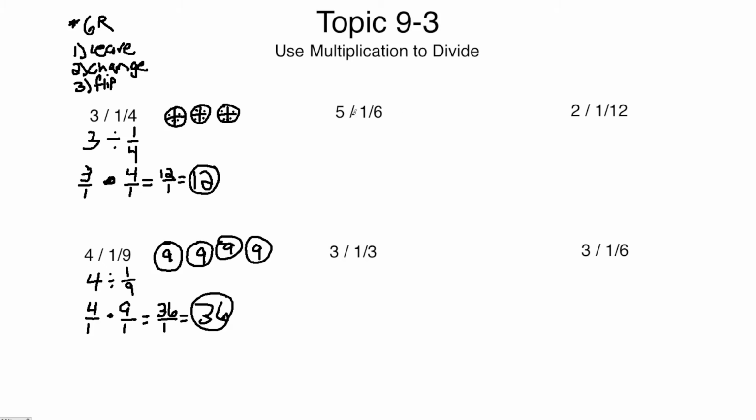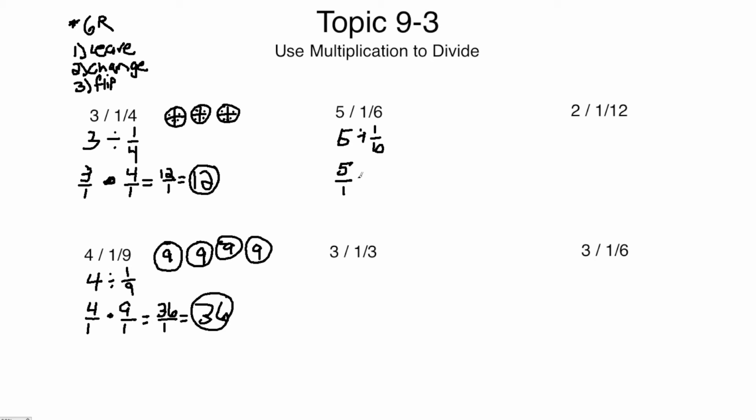All right, let's try this. 5 divided by 1/6, the unit fraction 1/6. Go ahead and push pause and see what you come up with. All right, so we have 5 divided by 1/6. Golden rule. Change all whole numbers to improper fractions.